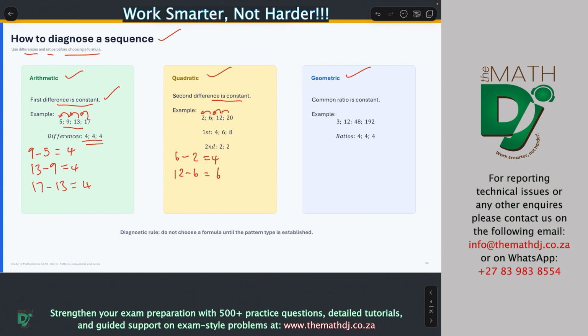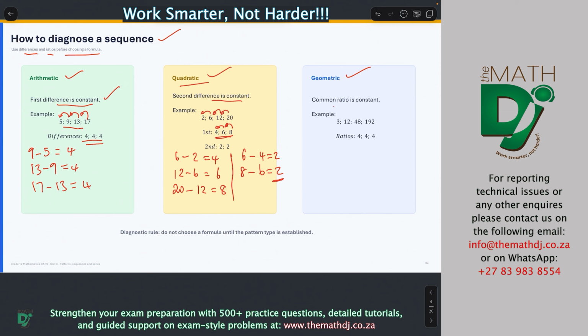Then 20 minus 12 gives you 8. That's how we get the first difference. You can see they are increasing by 2 each time. When you now calculate the second difference, 6 minus 4 gives you 2, and 8 minus 6 is 2. Because the second difference is constant, you know it's a quadratic sequence.